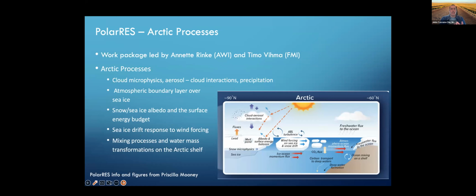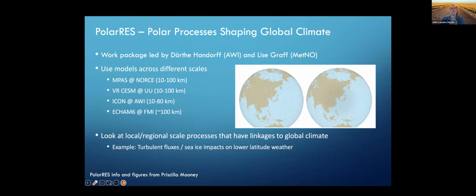And they're looking at things like cloud microphysics and aerosol and precipitation, atmospheric boundary layer over sea ice, snow and sea ice, and surface energy budget, sea ice drift in response to wind forcing, and then mixing processes and water mass transformation on the Arctic shelf.